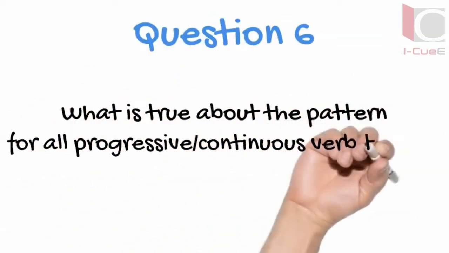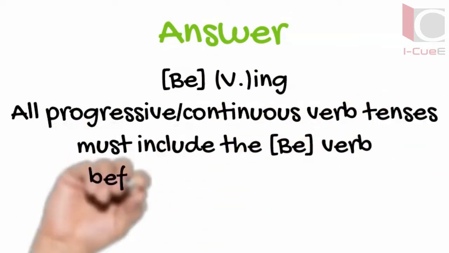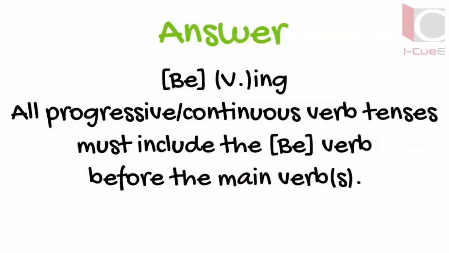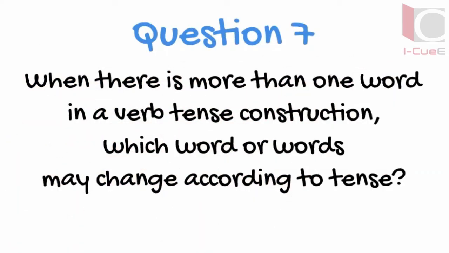What is true about the pattern for all progressive or continuous verb tenses? Be plus verb ing. All progressive continuous verb tenses must include the be verb before the main verb. When there is more than one word in a verb tense construction, which word or words may change according to tense?